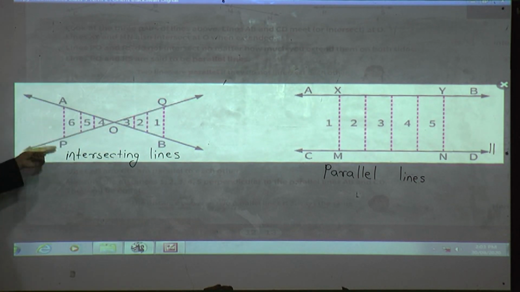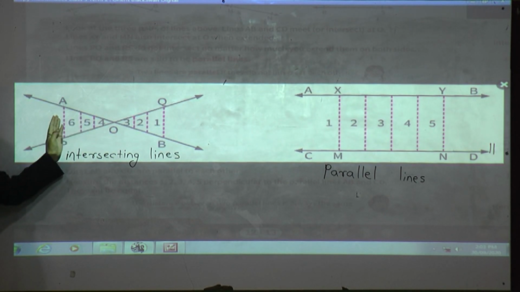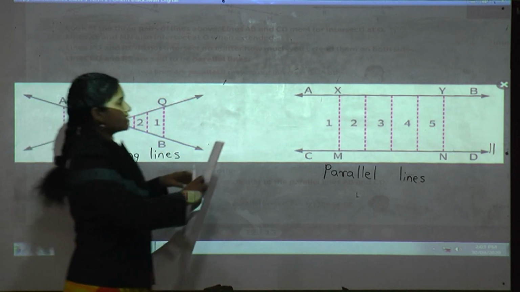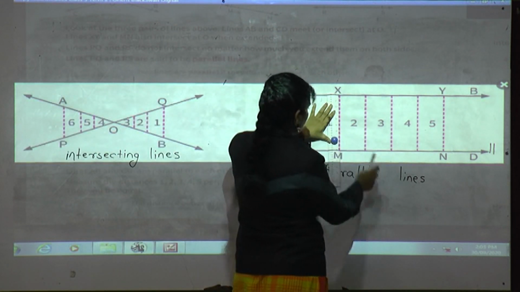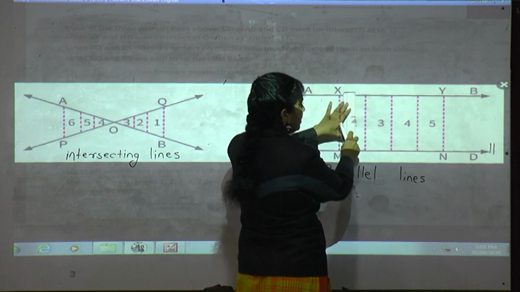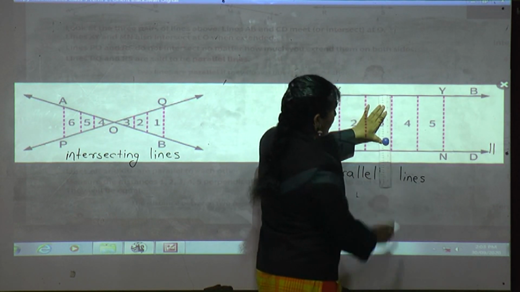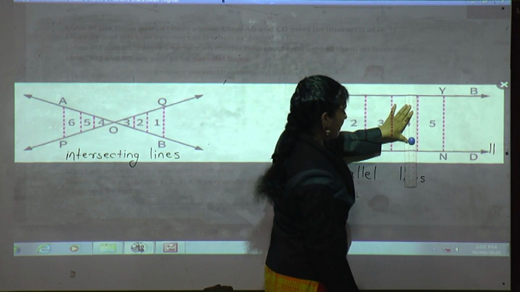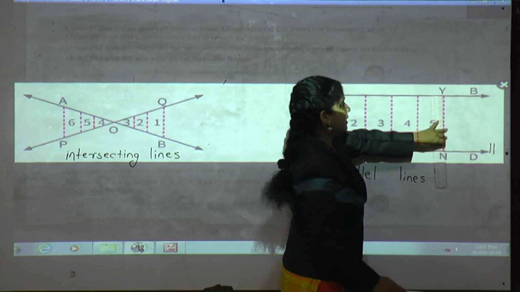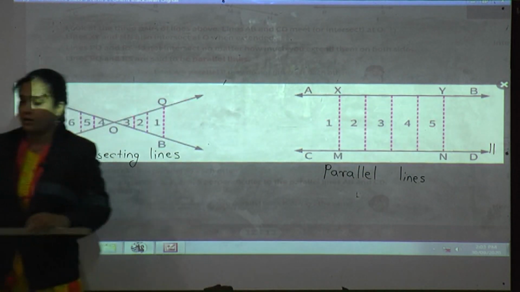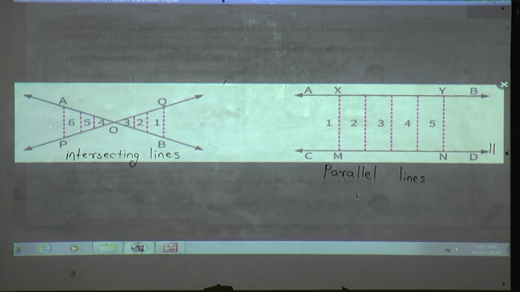So the distance between these is always different. Again just measure the distance here. Here it is 8 centimeter, here also 8, here also 8, again here 8 and 8. That means the distance between two parallel lines is always the same.